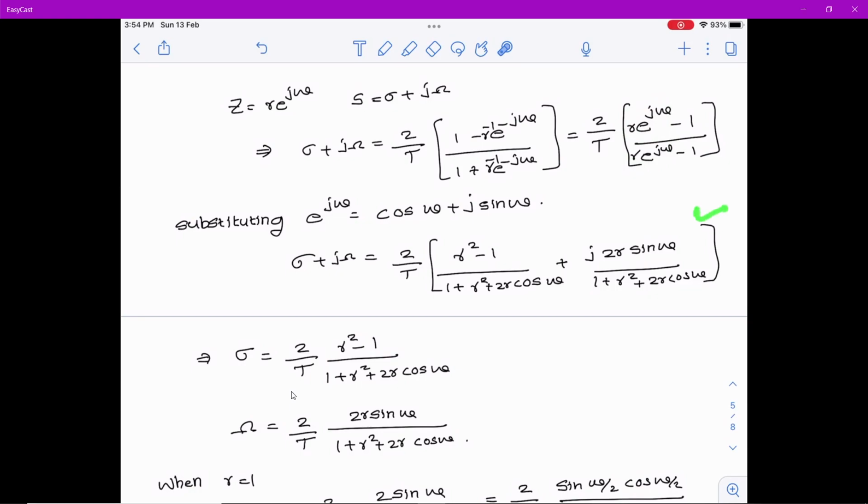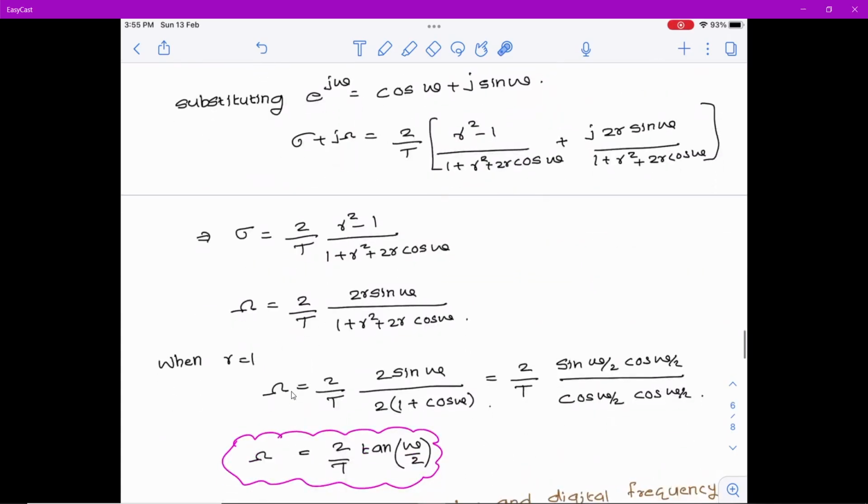That will give you this equation, and this equation has a real part and an imaginary part. So you equate real to real and imaginary to imaginary on both LHS and RHS. So sigma will be equated to the real part, and omega, capital omega, will be equated to the imaginary part.